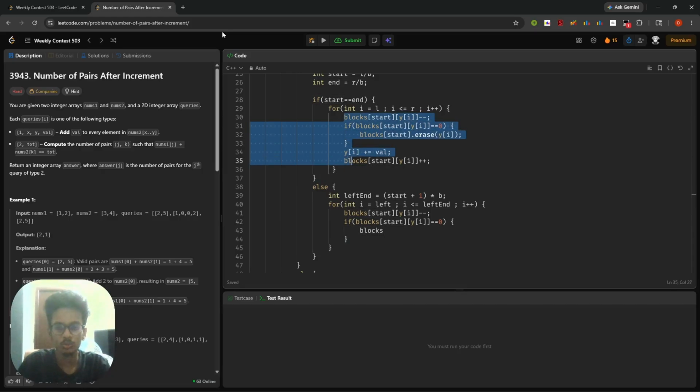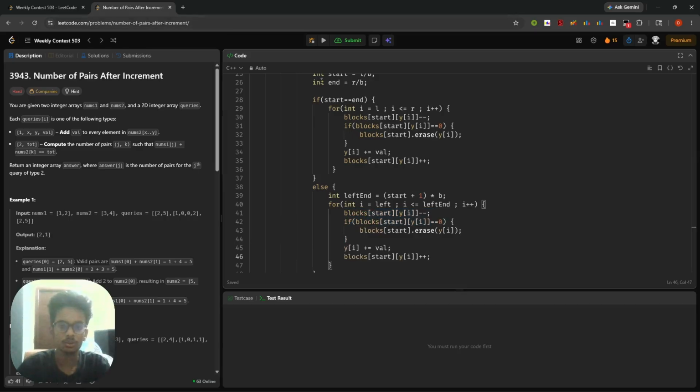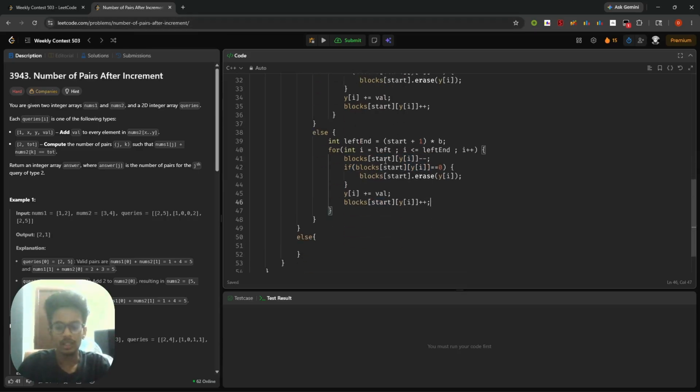So the brute force code would never change in most cases. Okay, so that's it.